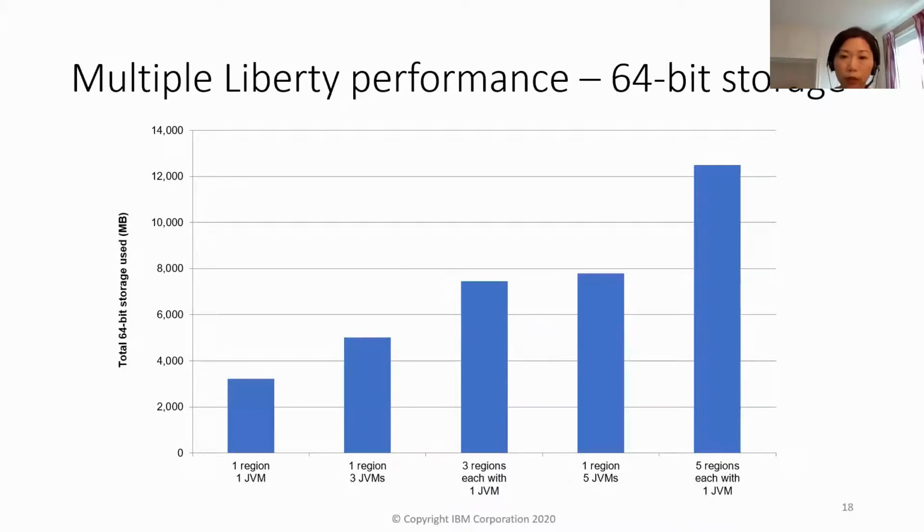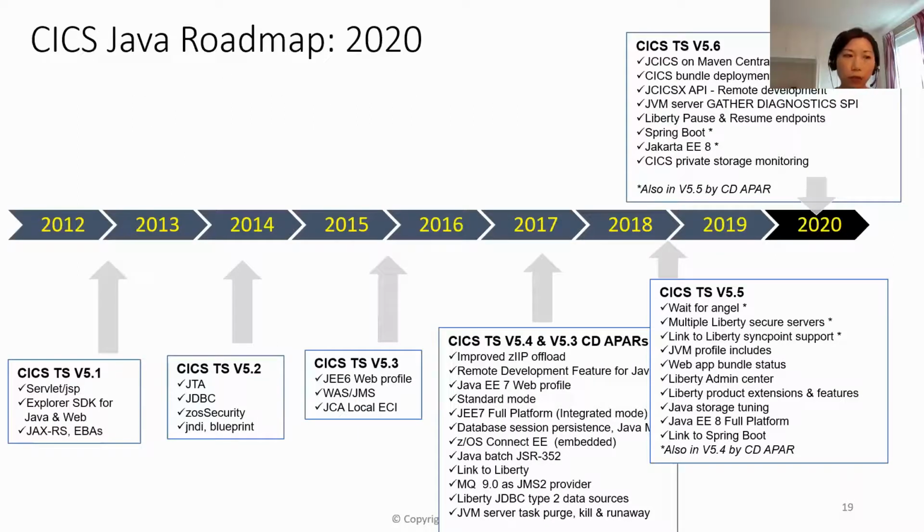We have a similar story regarding the 64-bit storage across different setups. So that gives you a view of how the JVM Liberty server performs, and how it does across different JVMs and different regions, and also what the threading model is, which from 5.4 has also changed.